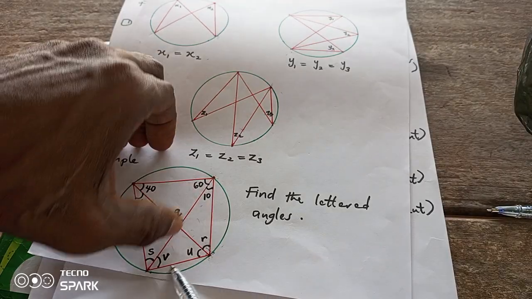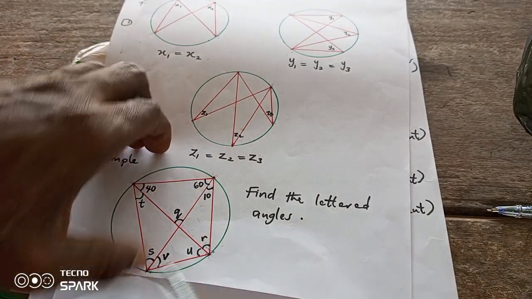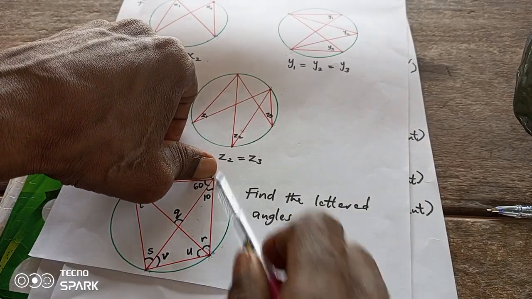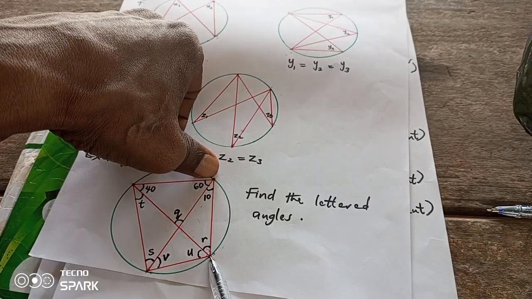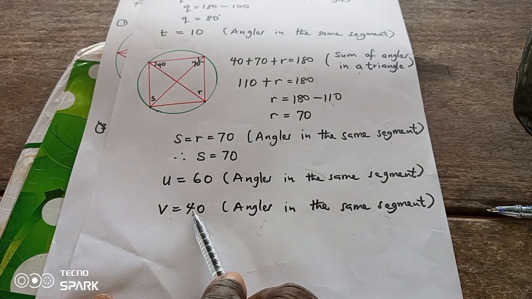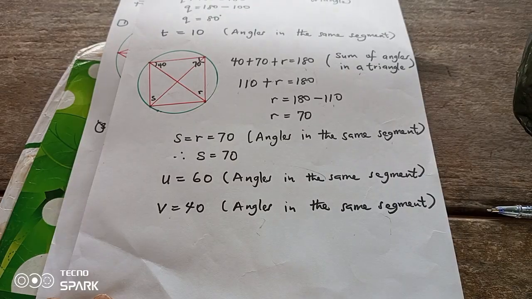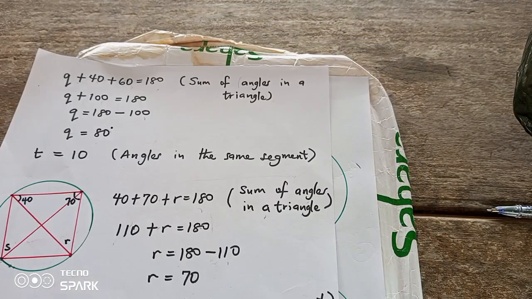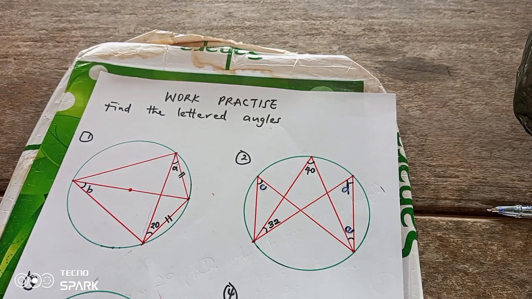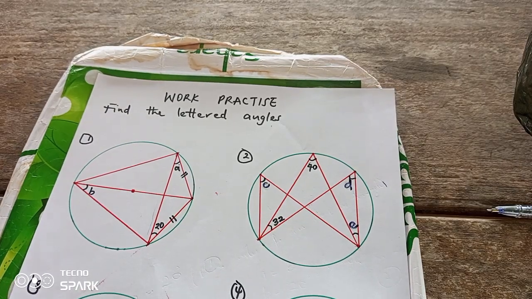So angle V should also be 40 degrees. Why? Angles in the same segment. When you are having any problem on this type of question, you must always give the reason before you are marked right.